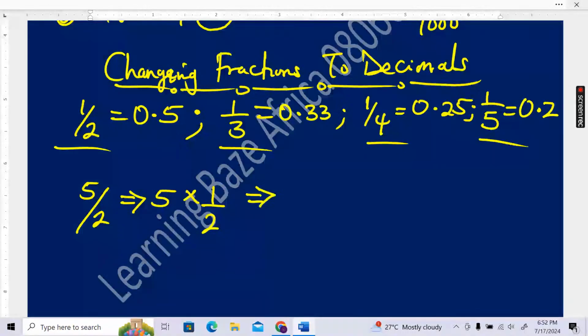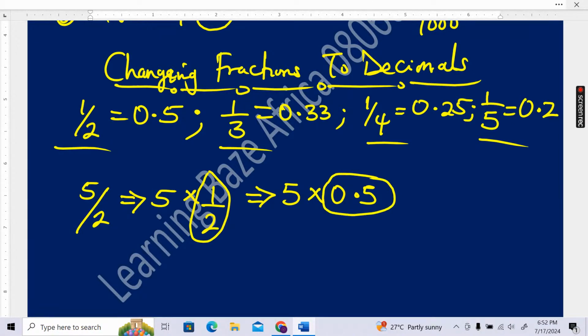And if you're going to have this, you would have 5 times 0.5, because 1 over 2, which is half, is known as 0.5. So what is 5 times 0.5? Of course, that will be 2.5. So 5 over 2 to decimal is equal to 2.5.